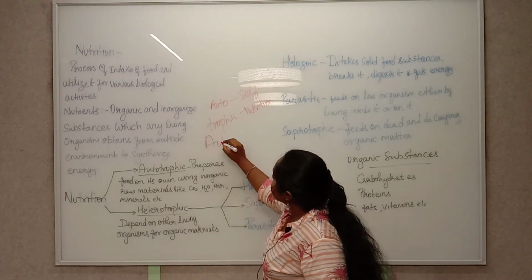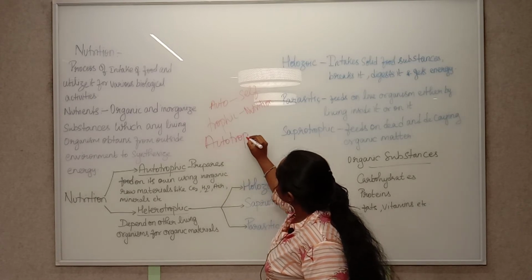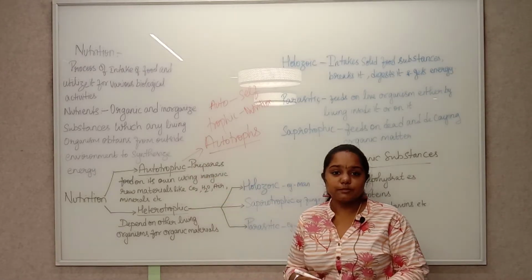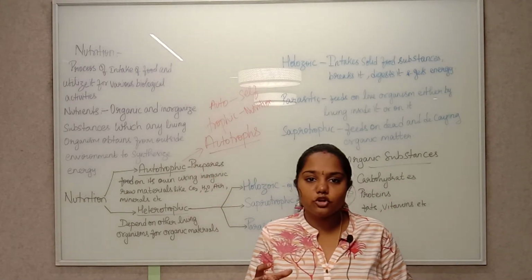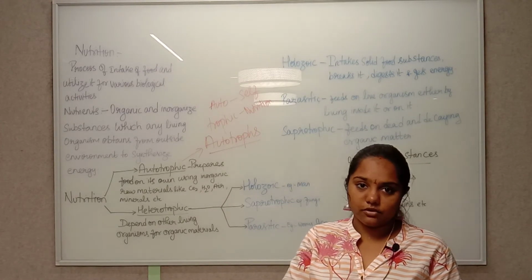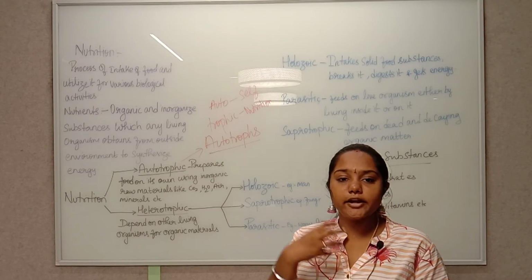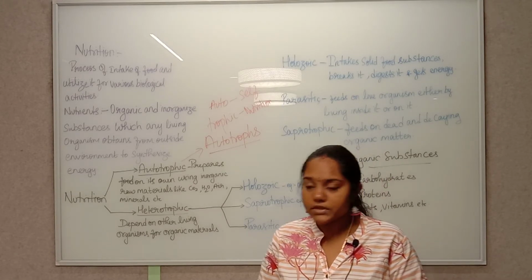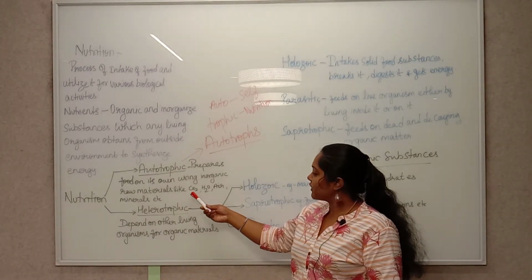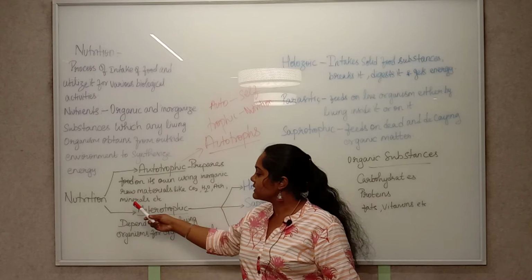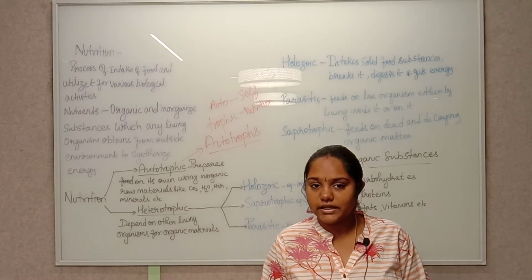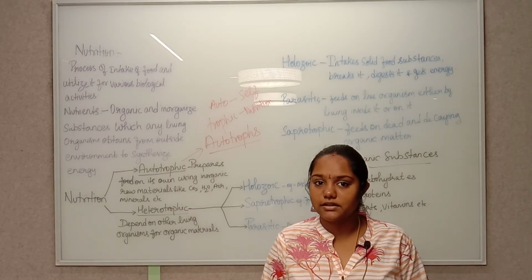The living organisms that perform the autotrophic mode of nutrition are called autotrophs because using very few raw materials from the environment, they prepare the food inside their body and synthesize the required organic nutrients for themselves. Now I have mentioned the inorganic raw materials here. Carbon dioxide, water, air, minerals, etc. By seeing these raw materials, you must have an idea which organism exactly we are considering here.